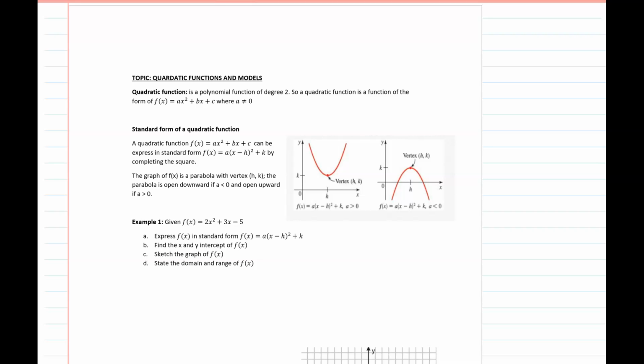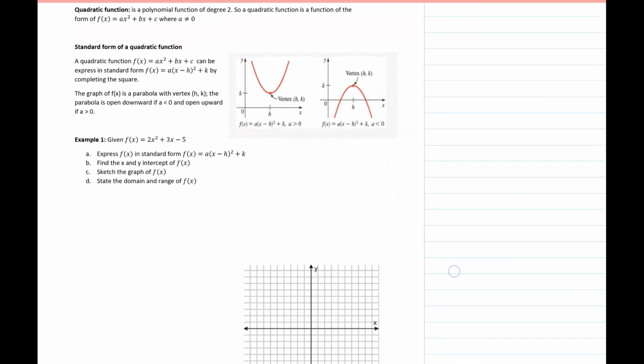F of x equal a times x minus h squared plus k. In order to do this, we will use complete the square. So let's walk through how to complete the square. Okay, so let's start with the complete the square procedure.